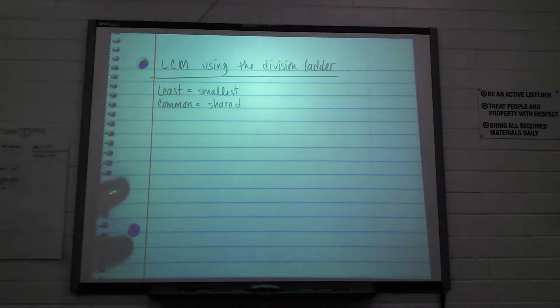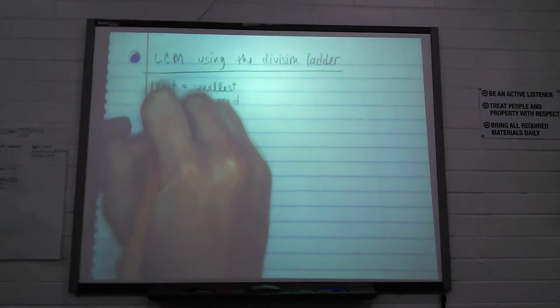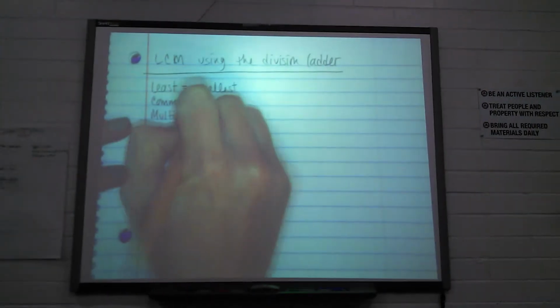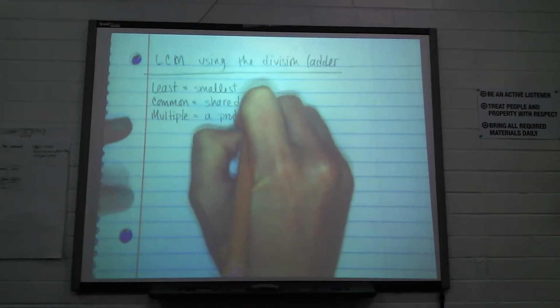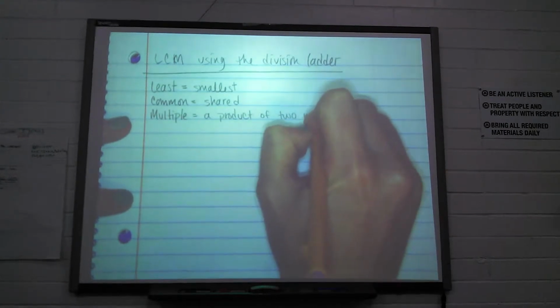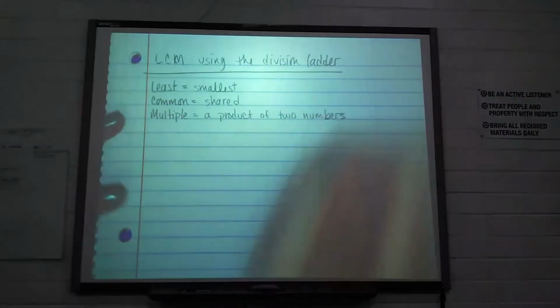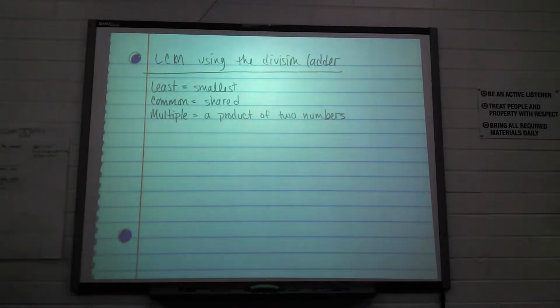So least, smallest, common is shared, and multiple is a product of two numbers. And we all know from our keywords that product means the answer to a multiplication problem.